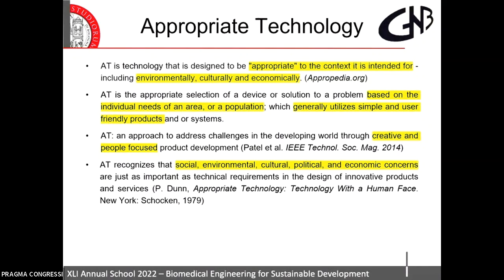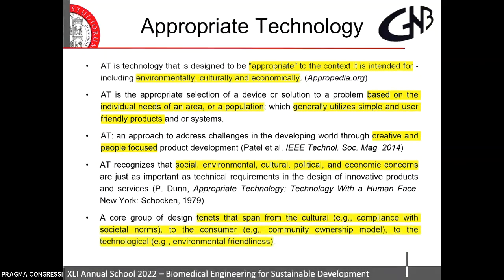Again, it recognizes social, environmental, cultural, political, and economic concerns as important as technical requirements. So we are talking about technology, but many other aspects are included. In general, appropriate technology is a group of design tenets that span cultural, consumer, and technological levels.